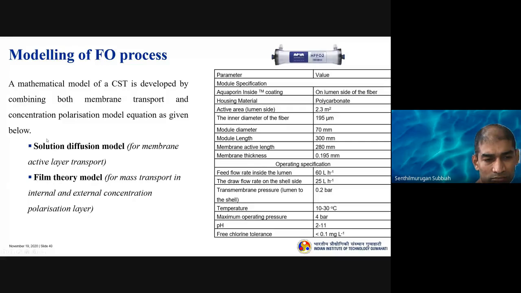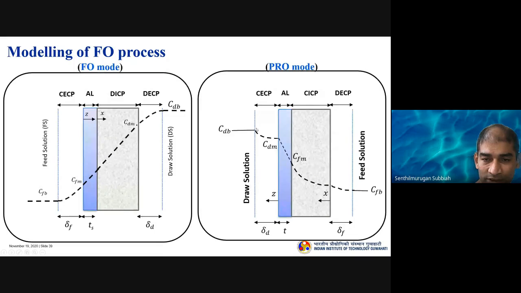So, as I was telling you, we need to use the solution diffusion model and then film theory to capture this concentration profile. So what will happen to the concentration because of dilution? Here the concentration will be high. Since water is transported from the feed side, there will be a dilution in this place, so because of dilution the concentration will be low.